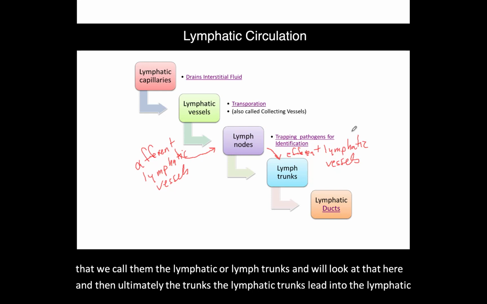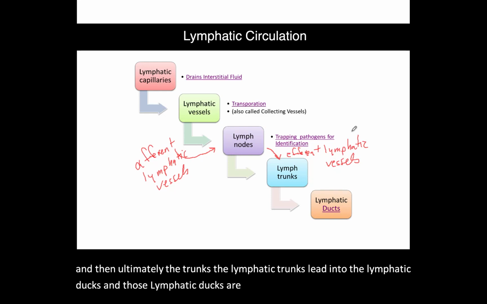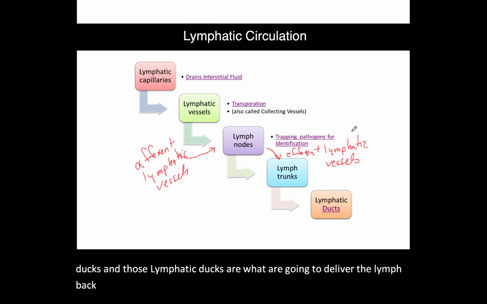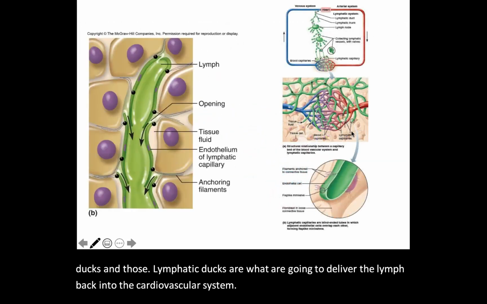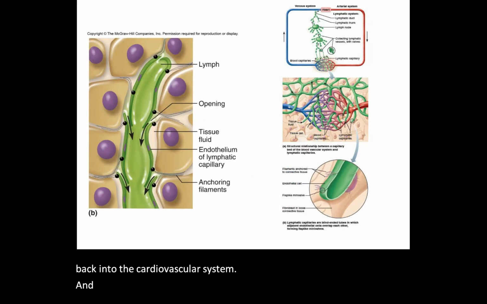And those lymphatic ducts are what are going to deliver the lymph back into the cardiovascular system. And so we can see the structure and the organization on this slide of the flow by which these vessels take.